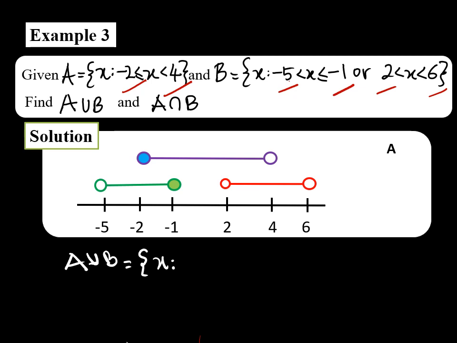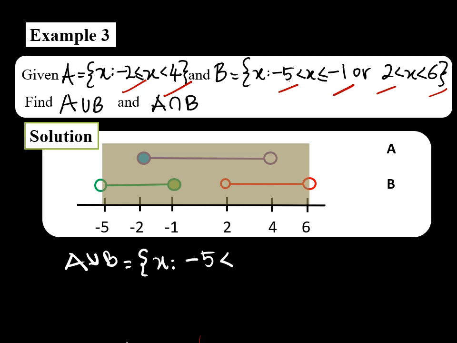We start from negative 5 to 6. Is negative 5 included? No, so it should be less than only. Then it goes up to 6. Is 6 included? No, so we don't have to put an equal sign here. This is the answer for the first part.